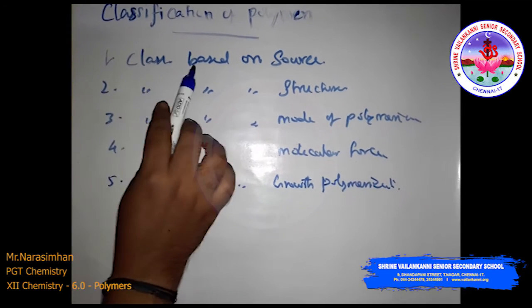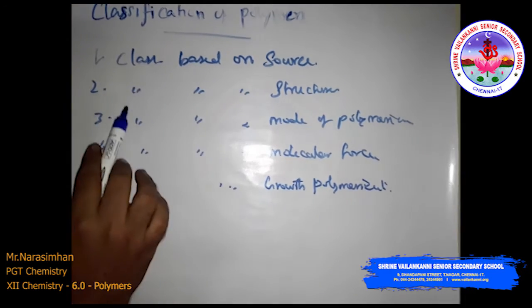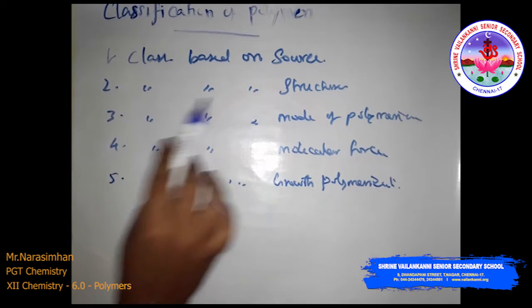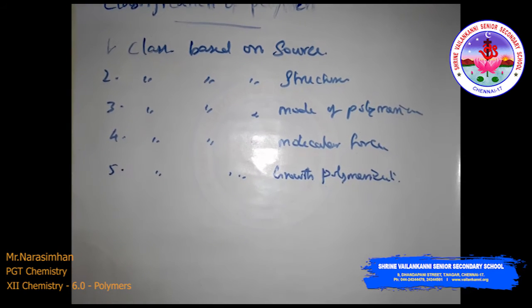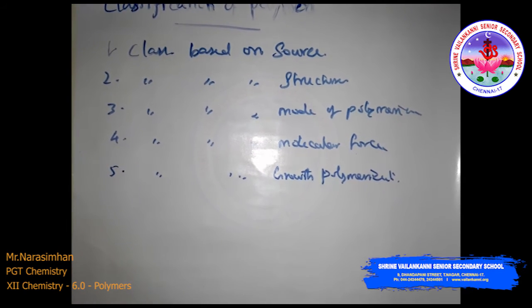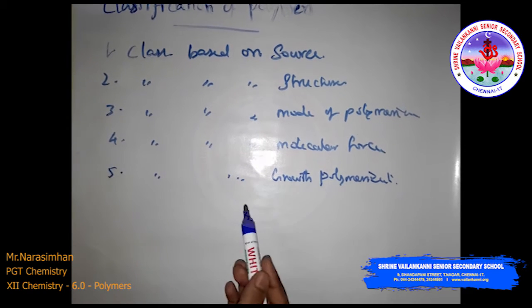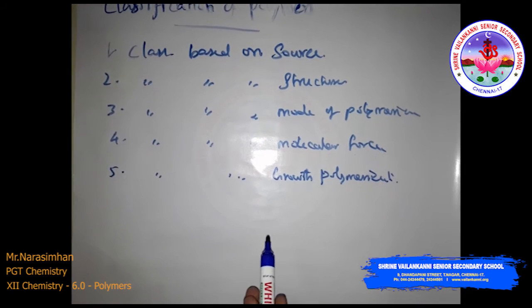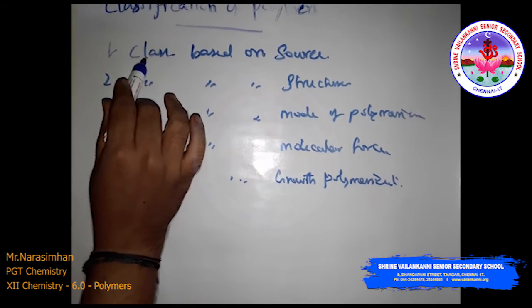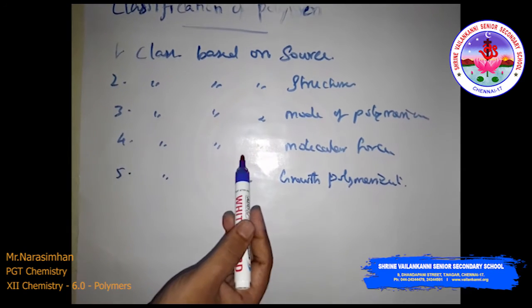These are the classification based on source, the structure, the mode of polymerization, and the molecular force. The last one is the classification based on growth polymerization. First we will discuss the classification based on source.